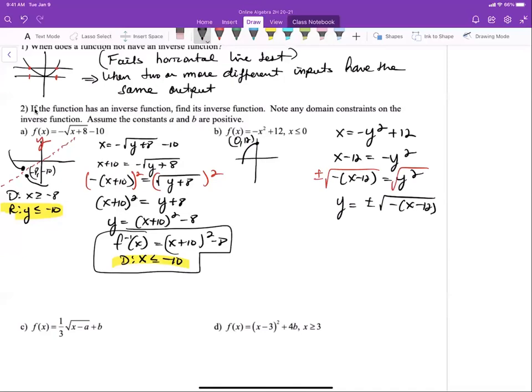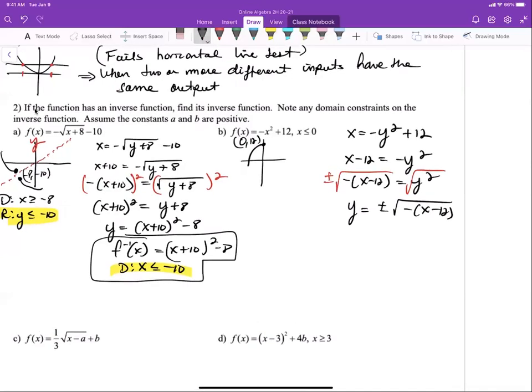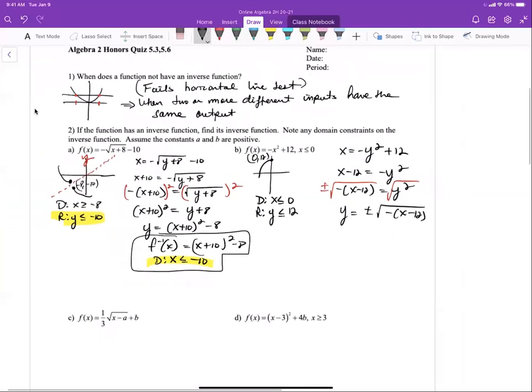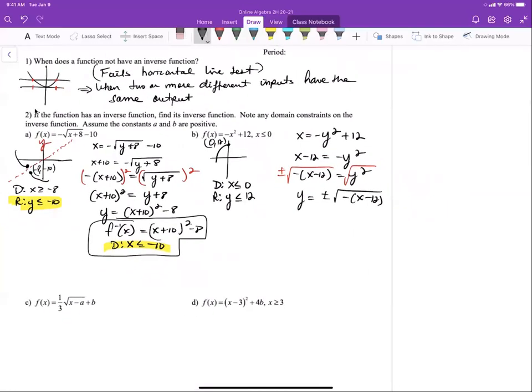Okay, now we have to decide what branch. We have to evaluate the original equation's domain and range. The domain for the original equation they gave us, x is less than or equal to 0, and the range, y, is less than or equal to 12. So I have to evaluate the domain from the original equation, which says it has to be less than or equal to 0.